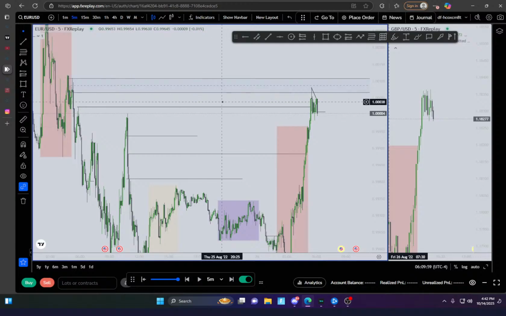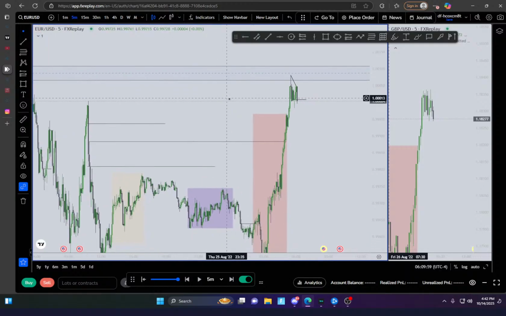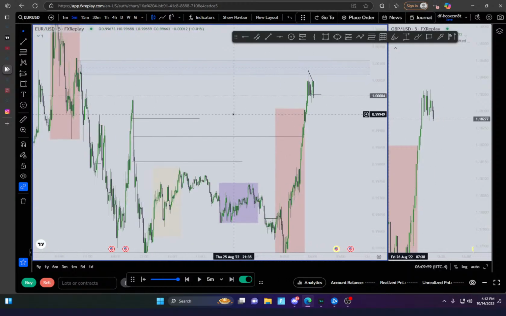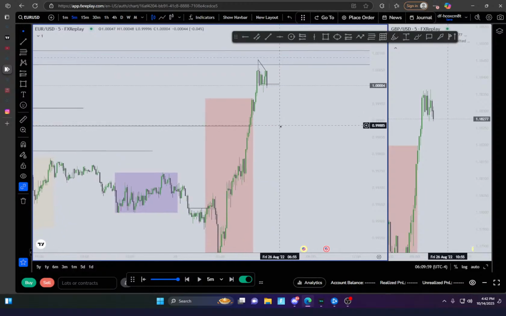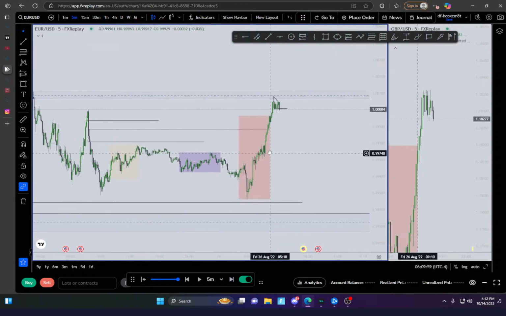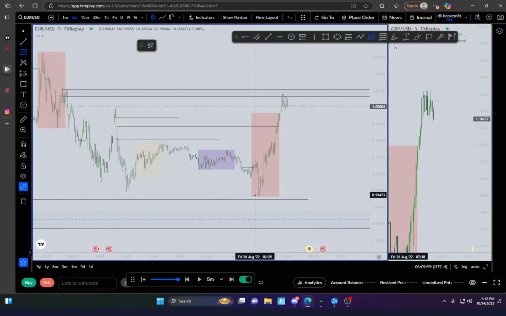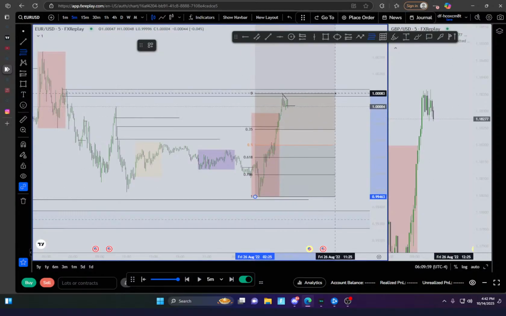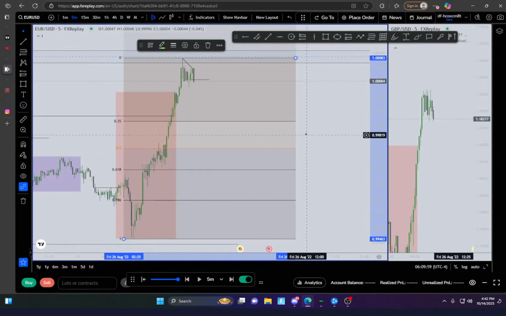Irrelevant. And then now we're in efficient price action to continue to possibly 50% of the range, which wouldn't be a terrible target, I don't think.